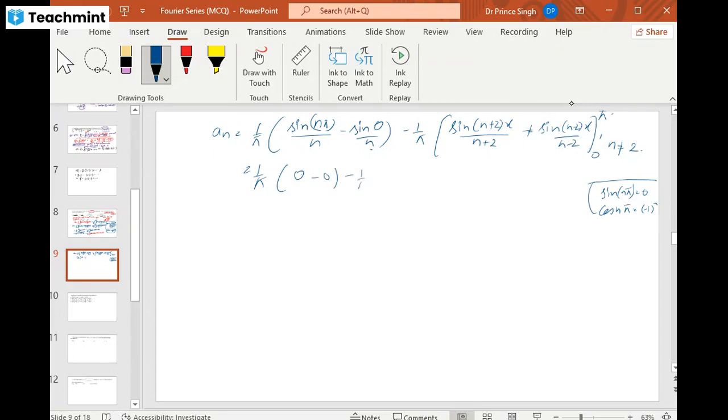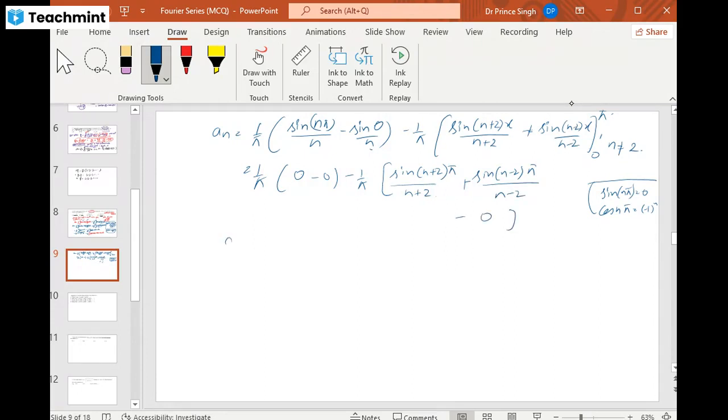At any integral multiple of pi, the value of sine is 0. If I substitute the upper limit, sine of (n plus 2) pi, where n is any positive integer, is 0. And n minus 2 is also an integer, an integral multiple of pi, so the value of sine is also 0, and sine 0 is also 0.